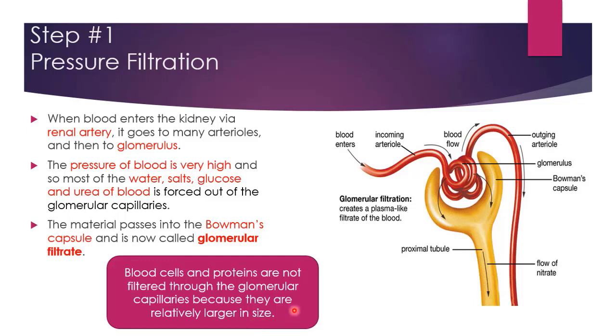But blood cells and proteins, due to their larger size, cannot move across through the glomerular capillaries. Now this filtrate from Bowman's capsule moves into the proximal tubule, from where the second step, selective reabsorption, is started.